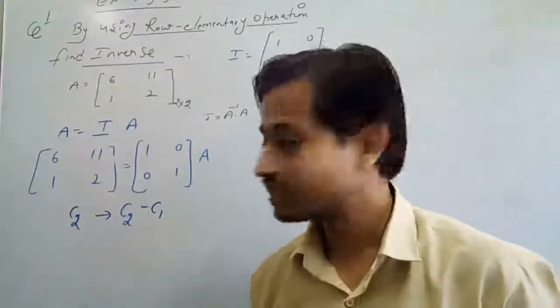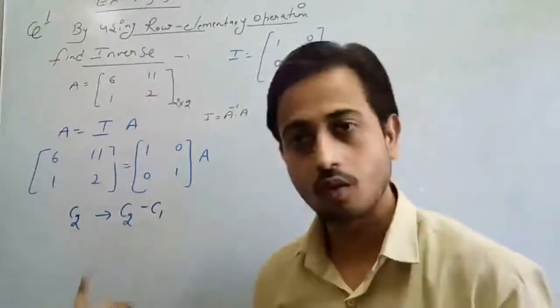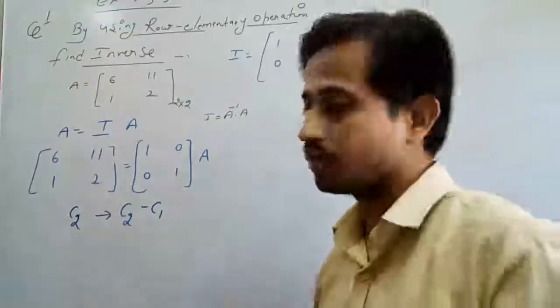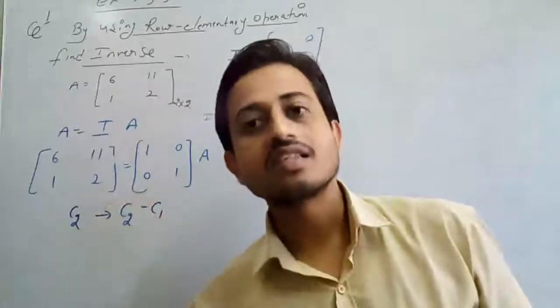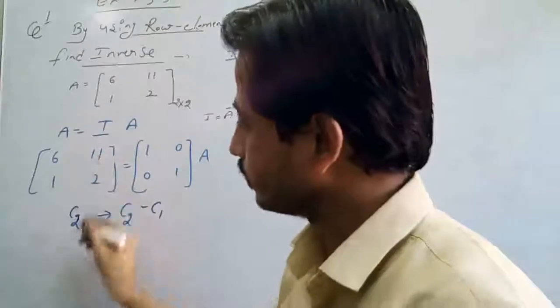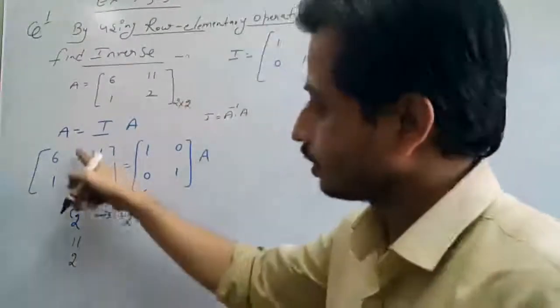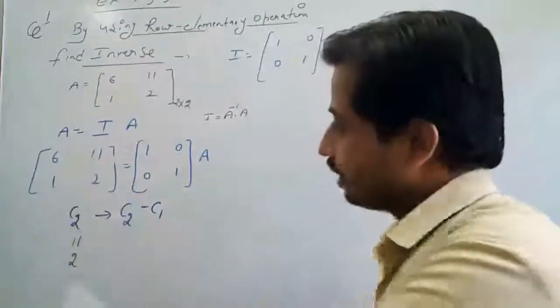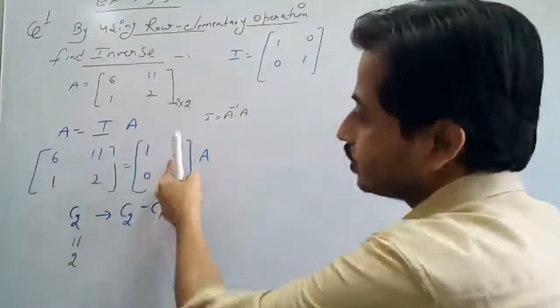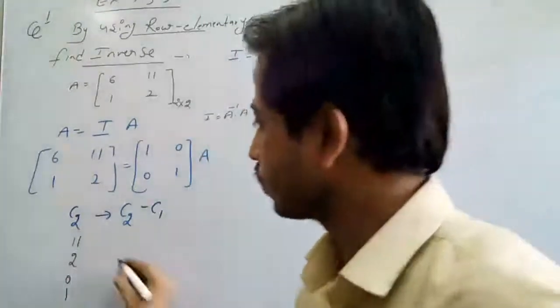I hope you are understanding this concept, and try to do it fast, because you already know what you have to do. I am doing one step again, then direct shortcuts. Now C2 on the left hand side is 11, 2, and C2 on the right hand side is 0 and 1. Now solve this.